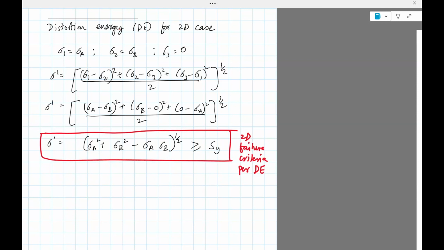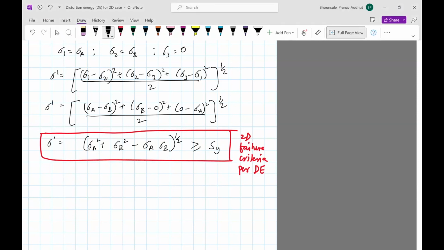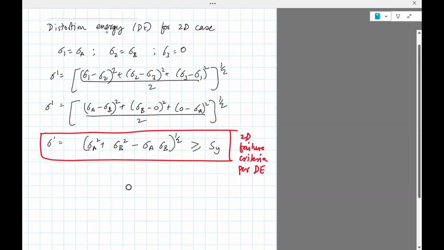Okay, so this, just like we had figured out the conditions for maximum shear stress theory, we can actually do the same thing with this equation, which means that we can now plot this equation on the sigma A, sigma B axis and see how it looks. So I'm going to make a plot of this particular equation on the sigma A, sigma B axis.